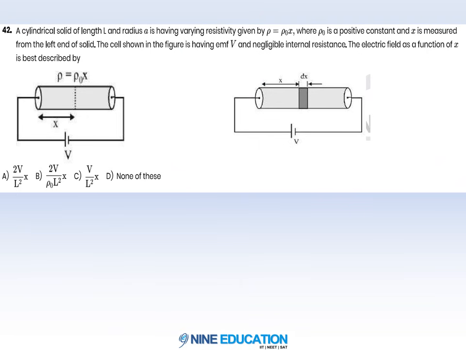So in this question, what is given is that resistivity is varying. So let's take a small element.